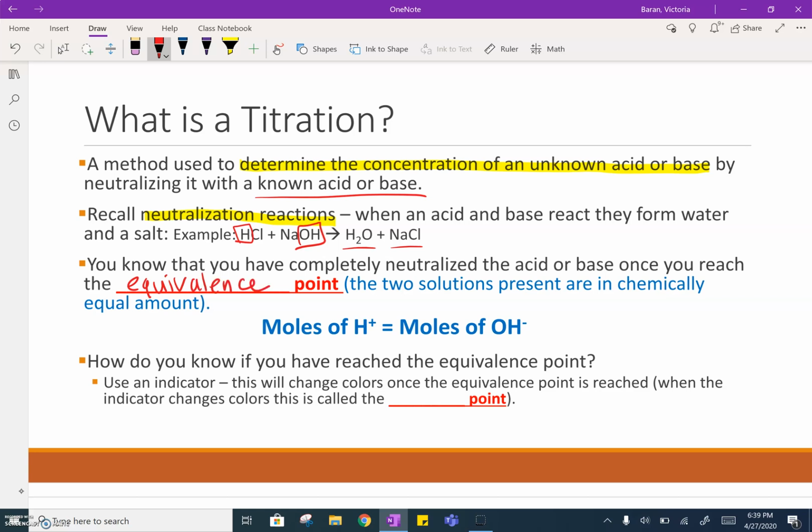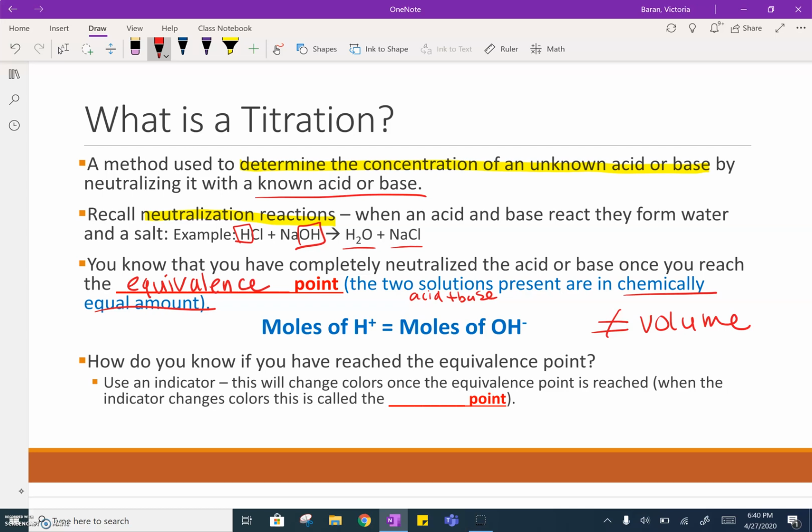Now, what is the equivalence point? This is when you have those two solutions, which is your acid and base, present in chemically equal amounts. This does not mean that you have the same volume present of the acid and base. This means that chemically they are equal.